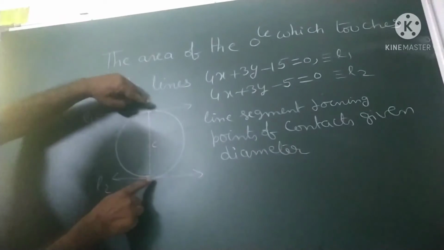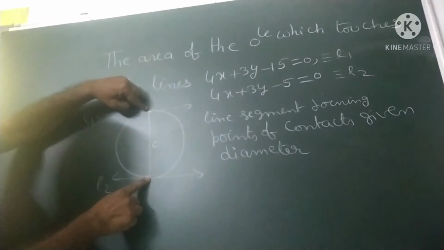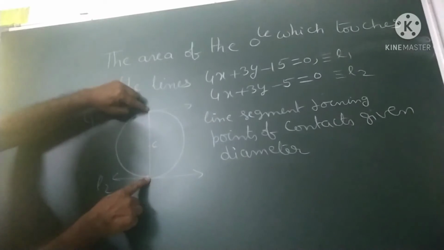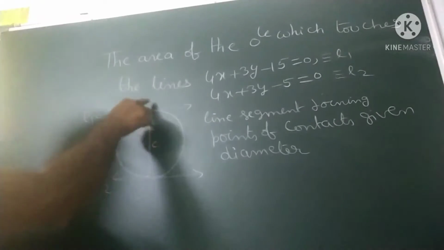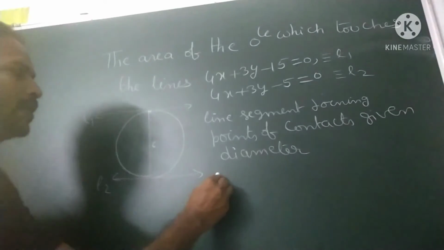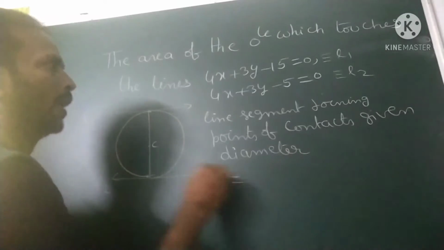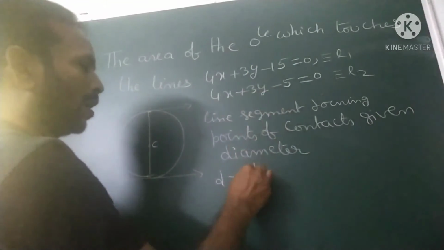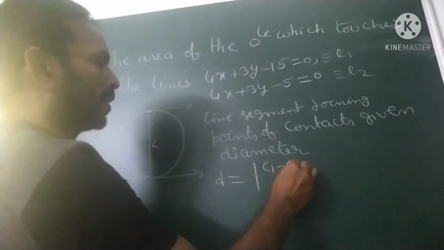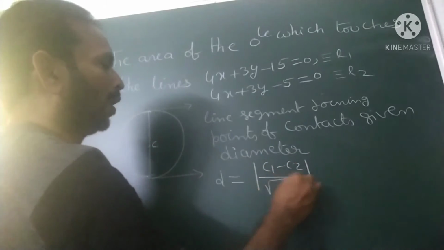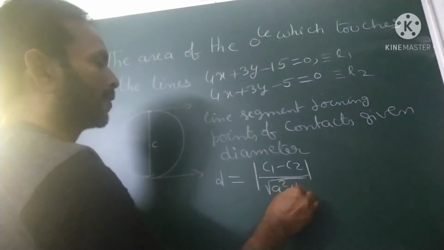When these lines are touching, the point of contact line joining segment gives the length of the diameter. That means the distance between parallel lines is modulus of c1 minus c2 by root of a square plus b square.